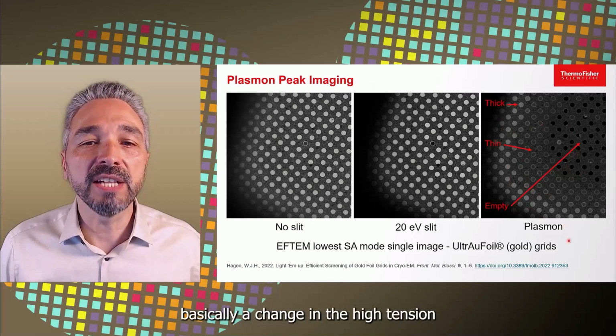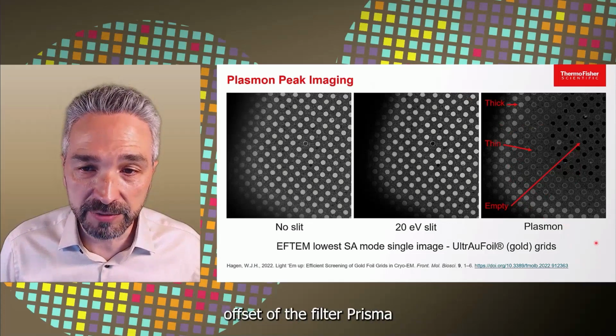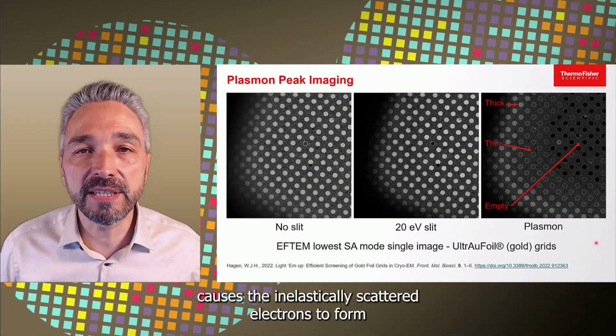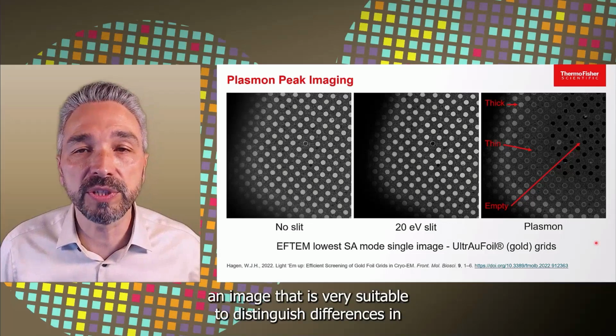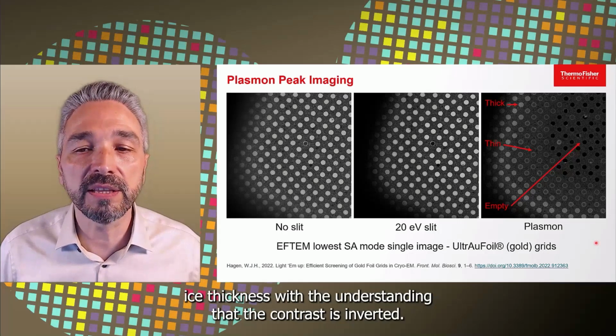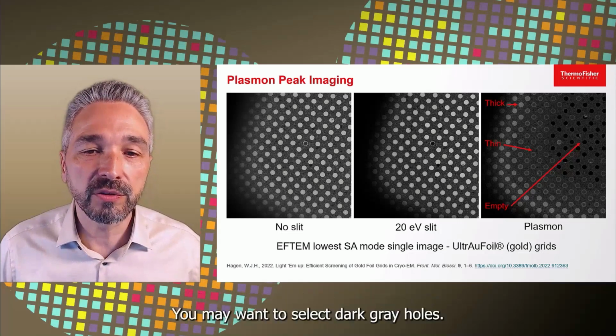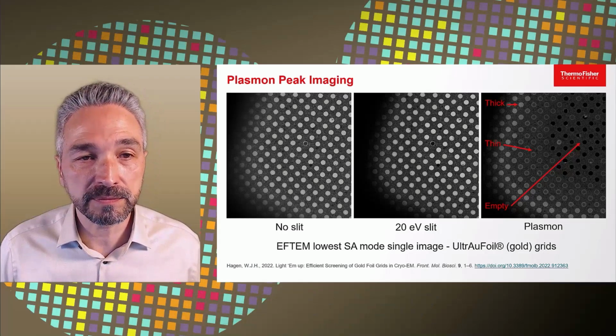Basically, a change in the high tension offset of the filter prism causes inelastically scattered electrons to form an image that is very suitable to distinguish differences in ice thickness, with the understanding that the contrast is inverted. You may want to select dark gray holes.